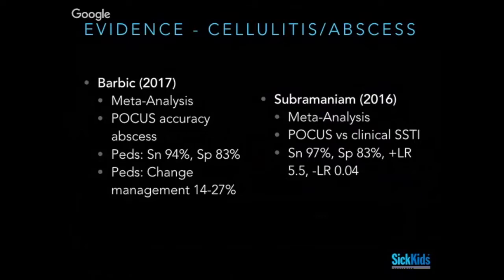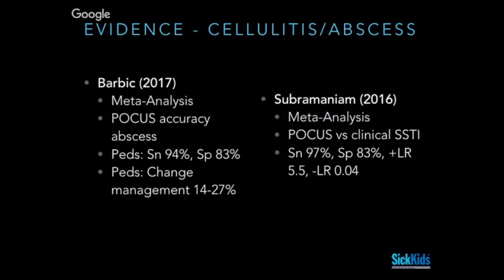Of the 8 articles they used, 5 of them were pediatrics, and they were all good to excellent quality. So overall, from a pediatric standpoint, the sensitivity was 94% for detecting abscess, and the specificity was 83%. In terms of changing management, they looked at how often, when you looked, you thought, hey, is this a cellulitis, and it turned out to be an abscess, or is this an abscess that turned out to be a cellulitis, and therefore did or did not need I&D. So 14 to 27% of the time, it did change their management.